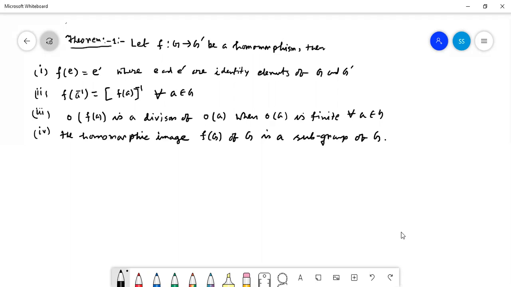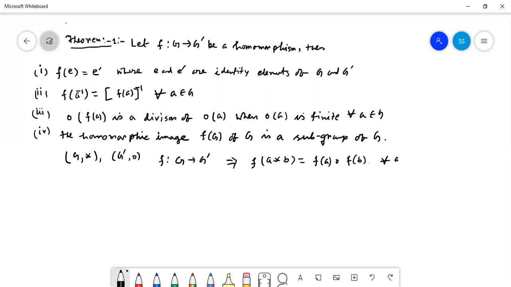The definition: if G, star and G dash, composition are both groups, and there is a mapping f from G to G dash such that f of a star b is equal to f of a composition f of b for all a, b belongs to G. That was the definition of homomorphism.